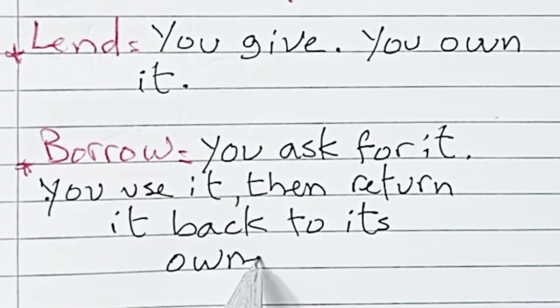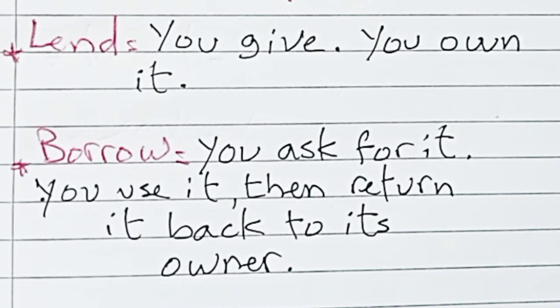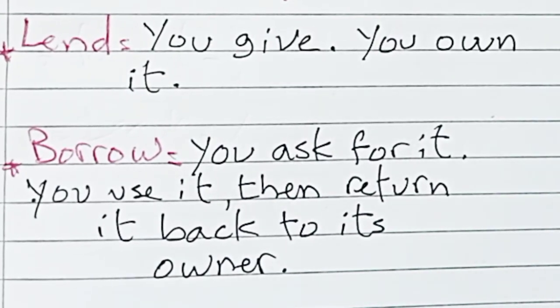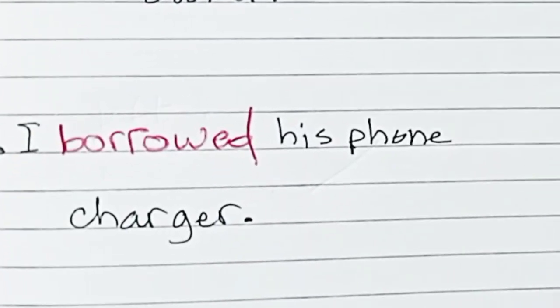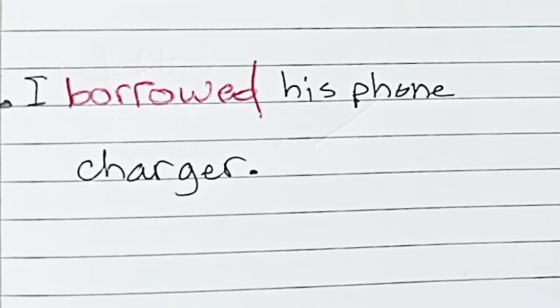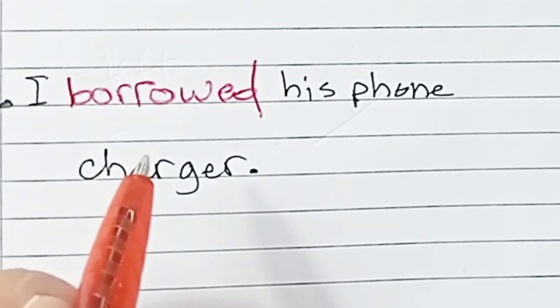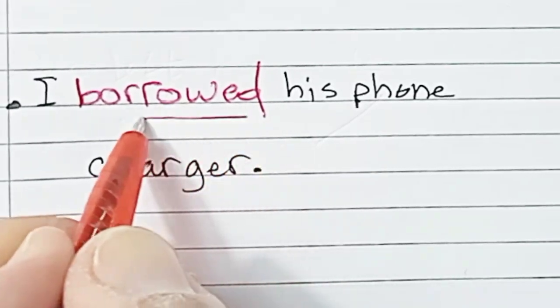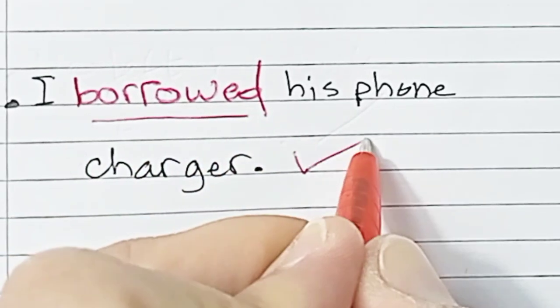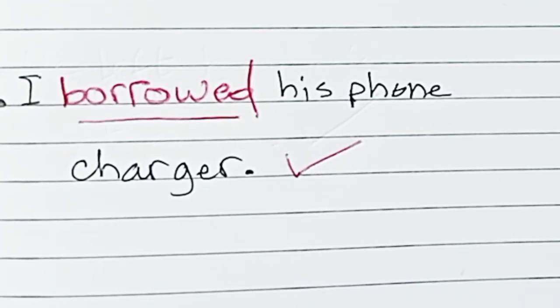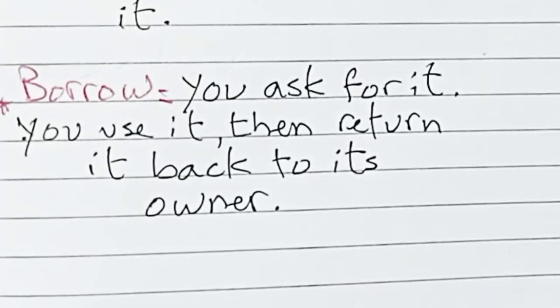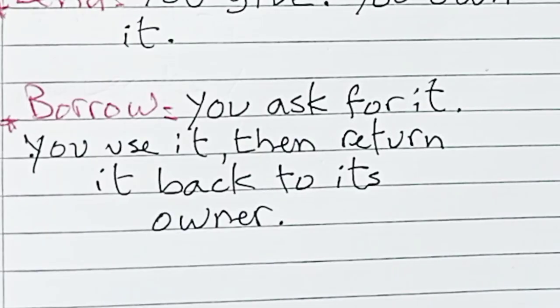And that's the main difference between lend and borrow. So our sentence should sound something like this. I borrowed his charger. And this way, you're good to go. So remember, lend is you give something, borrow is you ask for something.